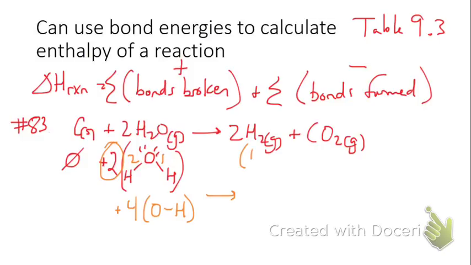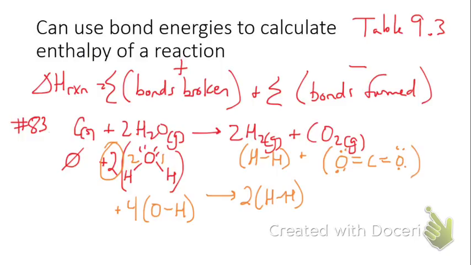We know hydrogen is just this, so we're going to have 2 H bond H, and then we're going to do plus CO2. CO2 is this. And again, I'll give you a practice problem so you can practice making your own Lewis structures in this context. And so there's going to be 2 C double bond O. And so now what we can do is we're going to start plugging in the equations, right?